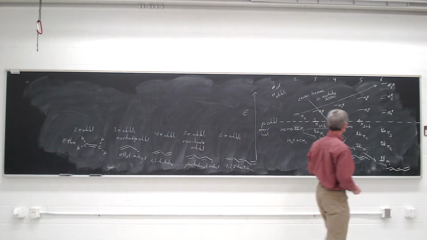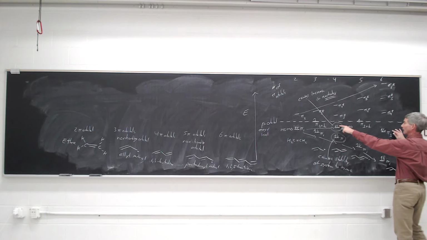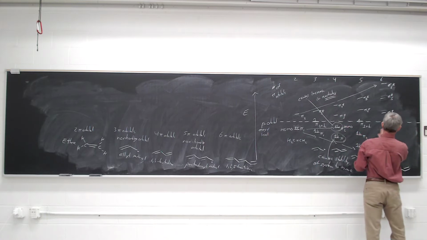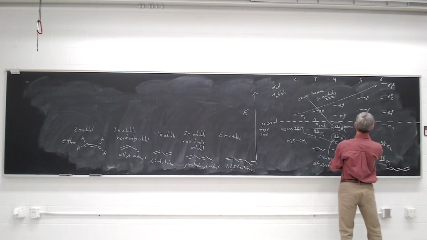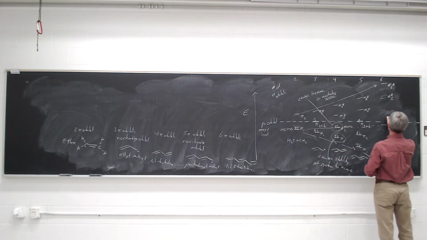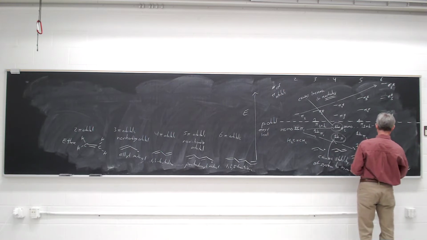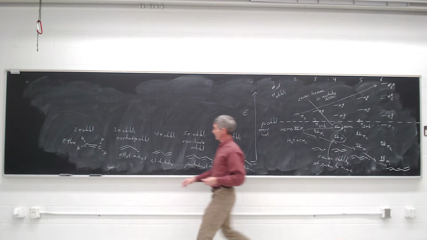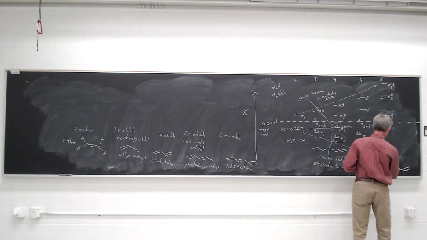And I haven't done a very good job drawing this to scale because this pi 3 should be higher in energy and therefore closer to the p orbital energy level than the other orbitals. So I'm going to have to redraw those to get them closer to where they really should be.